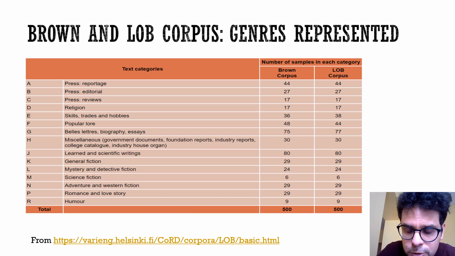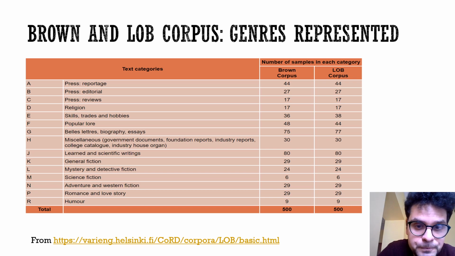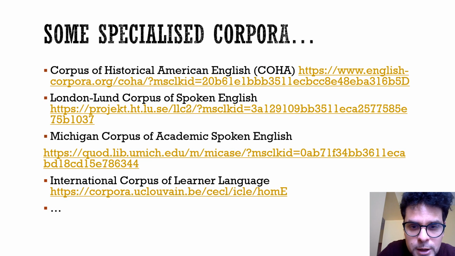Of course, now the more common and famous general corpora are the BNC and the COCA corpus, which we sometimes use also during the seminars. Apart from that, you may want to have a look at some specialized corpora, such as the Corpus of Historical American English, COHA, the London-Lund Corpus of Spoken English, the Michigan Corpus of Academic Spoken English, and the International Corpus of Learner English.